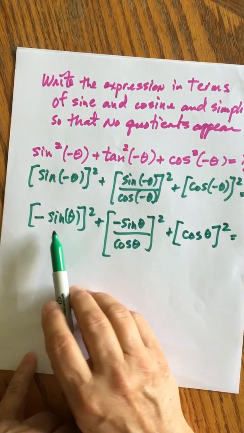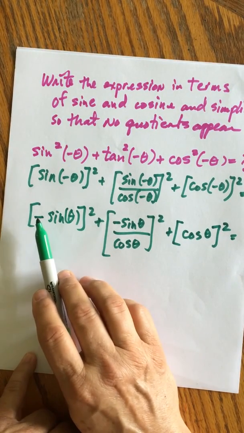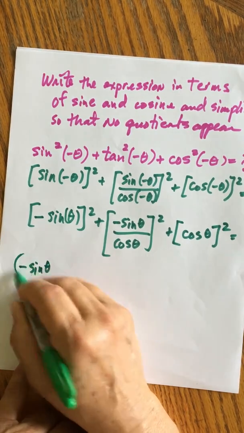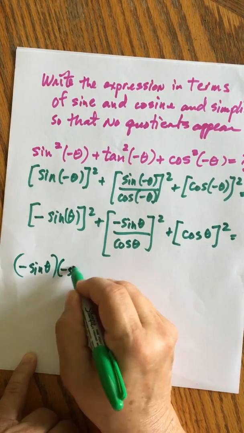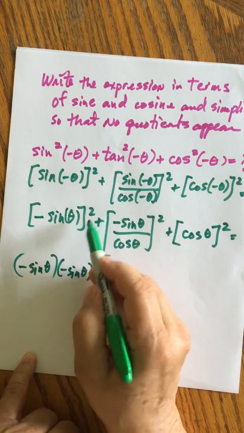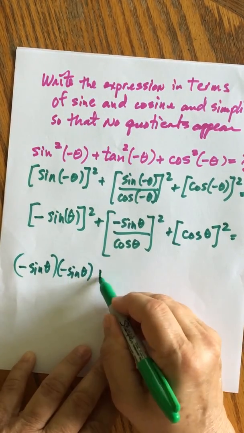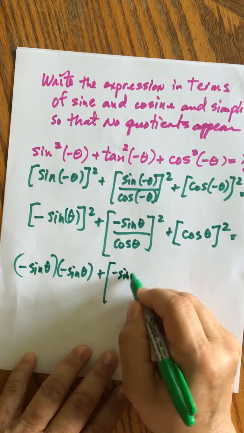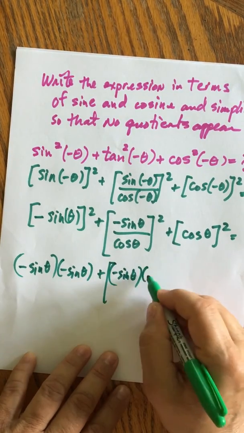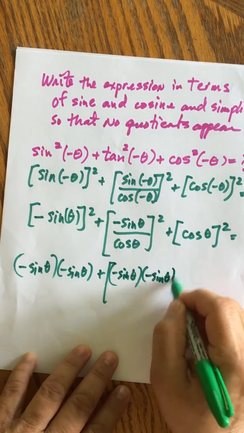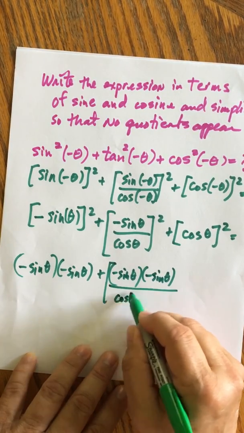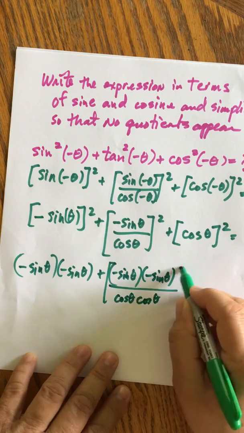All right, now it kind of doesn't matter when I multiply a negative. So this is really negative sine theta times negative sine theta, because it's squared. And then this is, again, negative sine theta times negative sine theta, all over cosine theta, right?